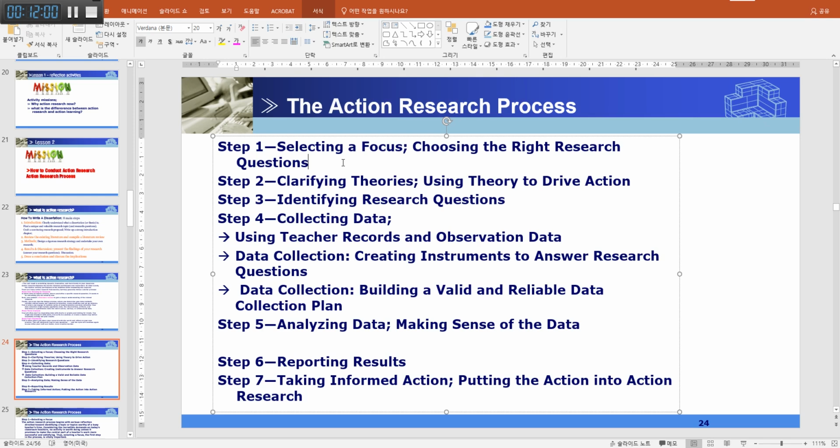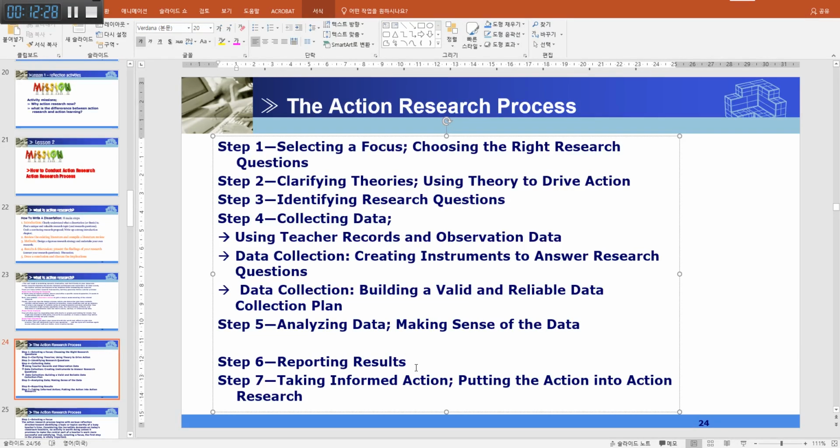And step 3, identifying the research question. And step 4 is collecting data. And once you collect your data you need to analyze it and make sense of the data, it's a kind of interpretation or explanation. And then you need to present your result through data analysis.